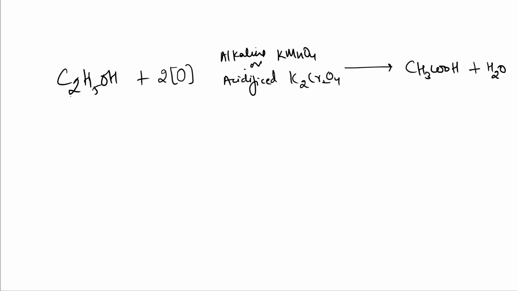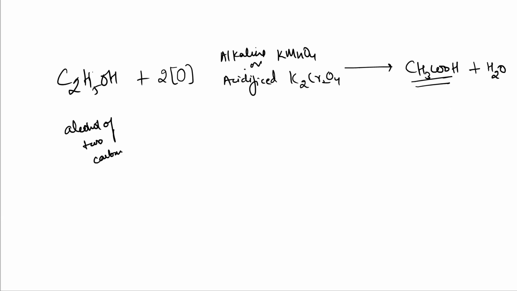Here you can see that ethanol, which is an alcohol of two carbons, is oxidized to give ethanoic acid, of two carbons.